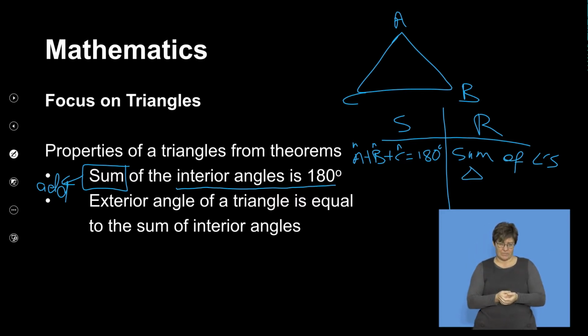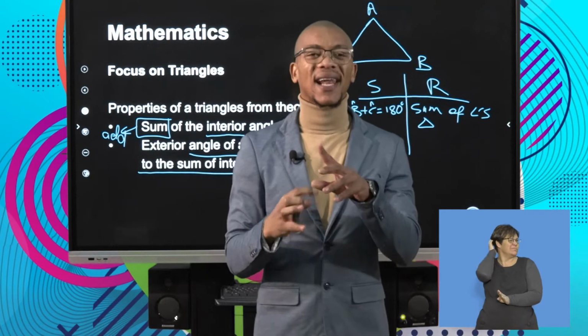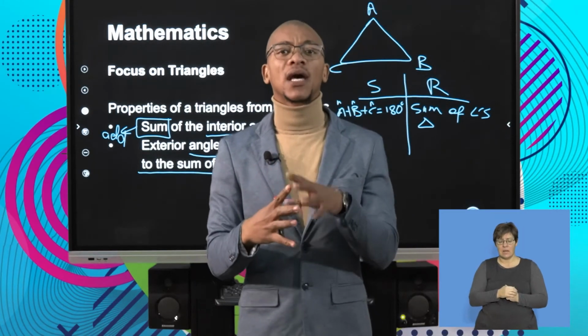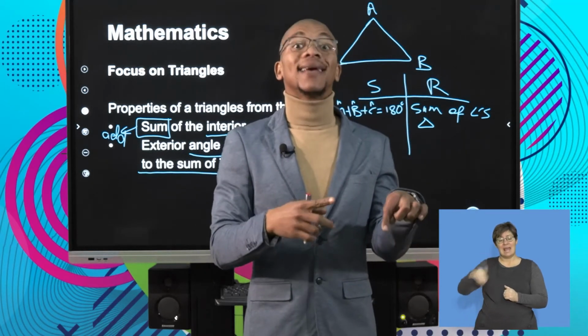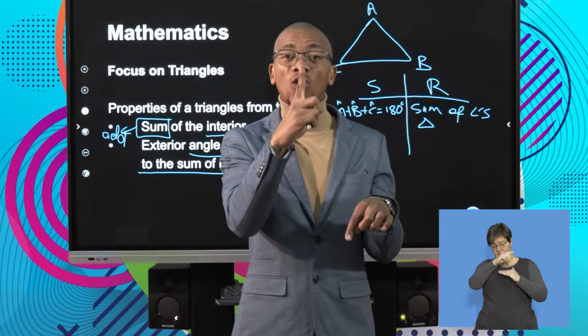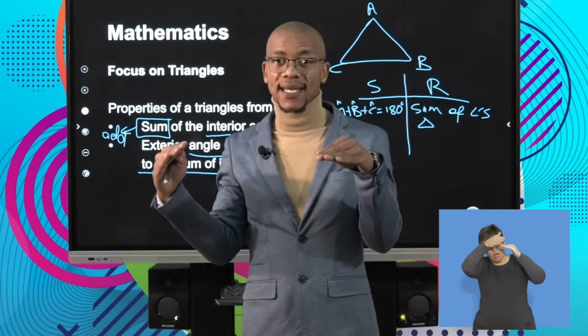And then we have what we call the exterior angle of a triangle is equal to the sum of interior opposite angles. Now, before we can even talk about this, one thing that I need to make a disclaimer of is, for you to talk about an exterior angle of a triangle, the triangle must have one of its sides produced. Produced means extended, right?